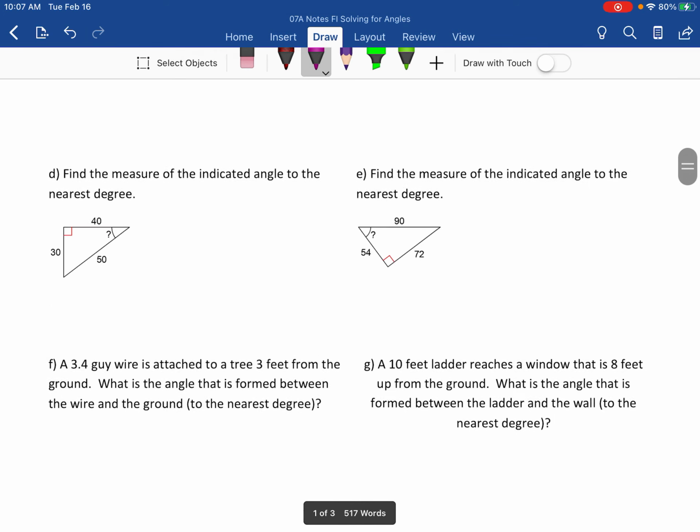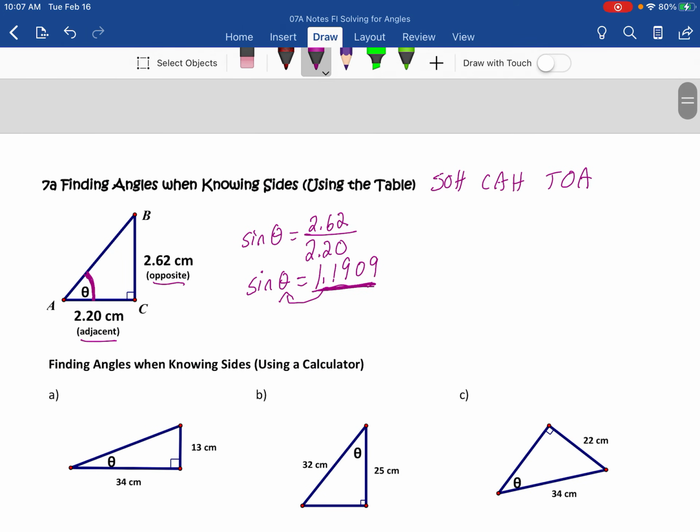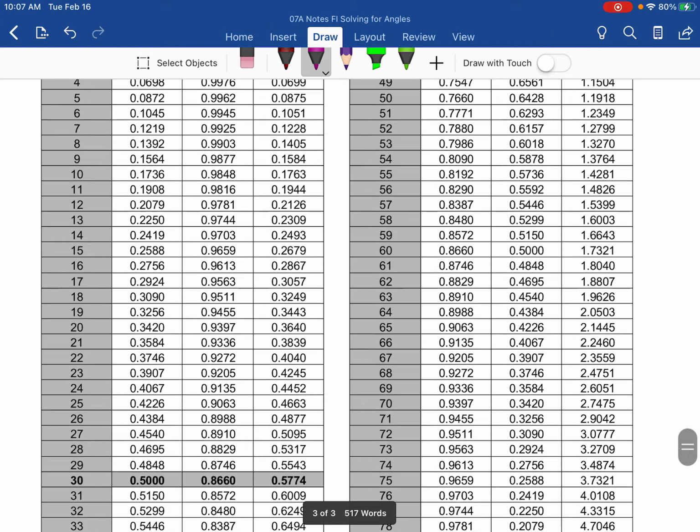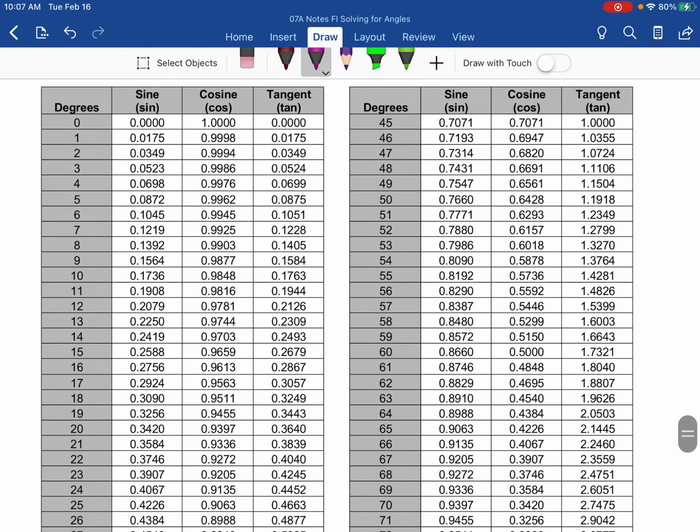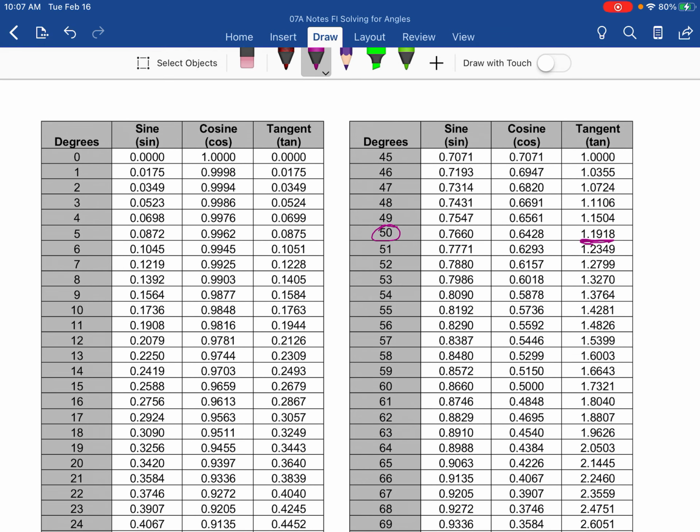It's similar to what we did before. I look in tangent, and instead of looking at the angle and finding the ratio, now I'm looking at the ratio and trying to find the angle. So it was 1.1909, and I look for something close to that. 1.1909 is really close to 50 degrees.